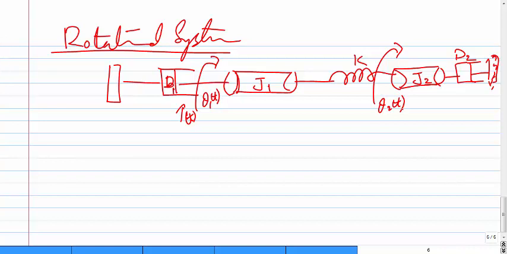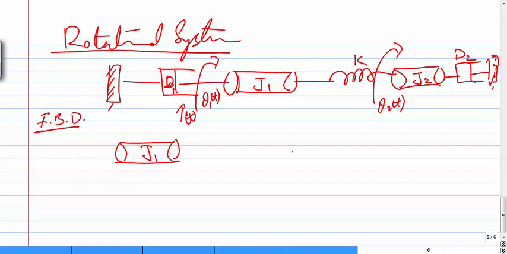Okay, now we will do similarly as we did in the previous case. Now we have to look at this free body diagram. Now if we look at this damper, this rotating inertia and this one, J2.